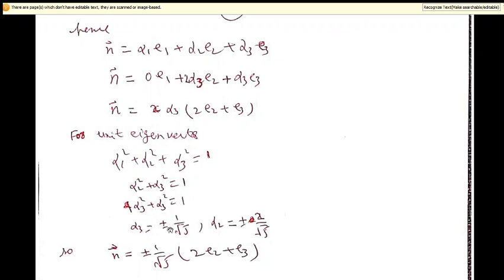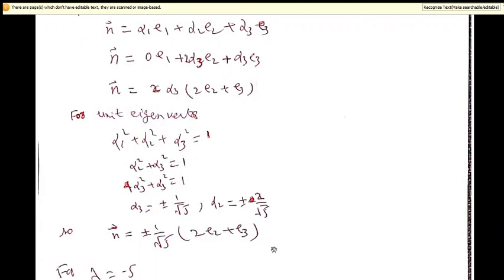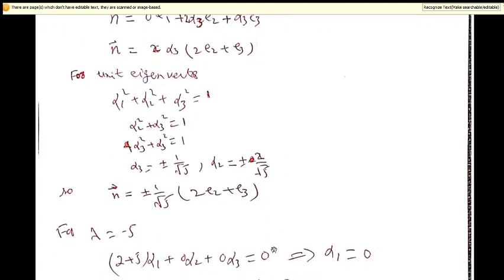So alpha 3 is plus minus 1 over square root of 5, and as you know alpha 2 is 2 times alpha 3, so alpha 2 will be plus minus 2 over square root of 5. So this is the eigenvector. From here you have two eigenvectors, they are perpendicular unit eigenvectors.